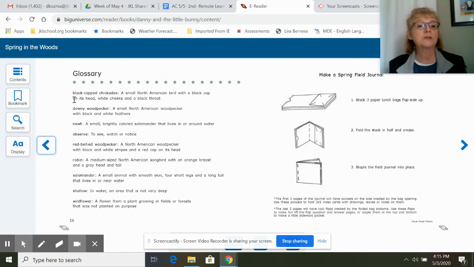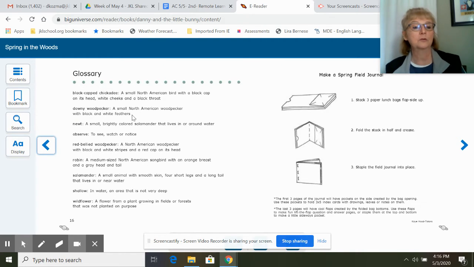The first one is a black-capped chickadee, which is a small North American bird with a black cap on its head, white cheeks, and a black throat. You're going to see a picture of a black-capped chickadee in this book. The next word is a downy woodpecker, and it is a small North American woodpecker with black and white feathers.